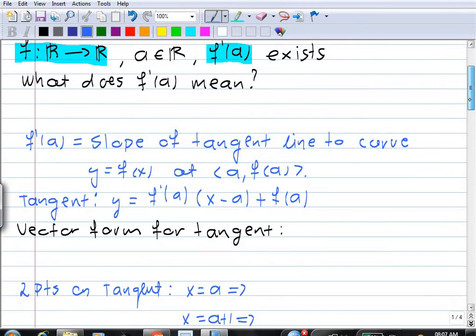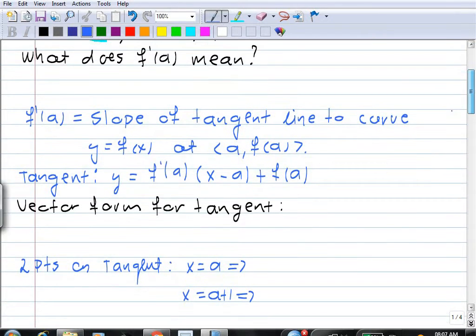And in order to find a vector equation for the tangent, we need 2 points on the line, right? So we can take the point when x is equal to a, and we substitute it into the equation, and that gives us y is f of a.